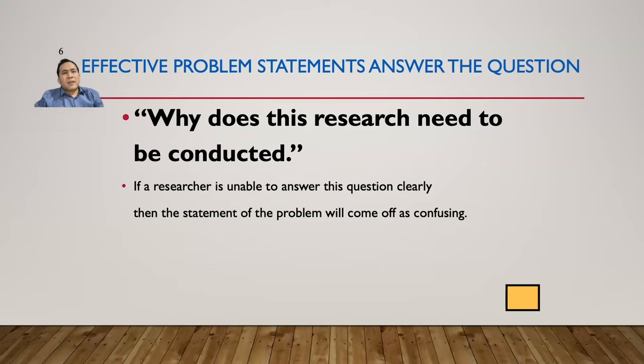Next, the effective problem statement answers the question: why does this research need to be conducted? There's something you also have to know: if you, as a researcher, are unable to answer the question clearly, then the statement of the problem will come off as confusing.